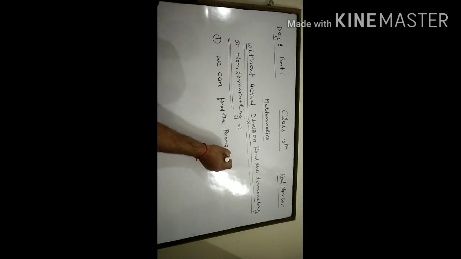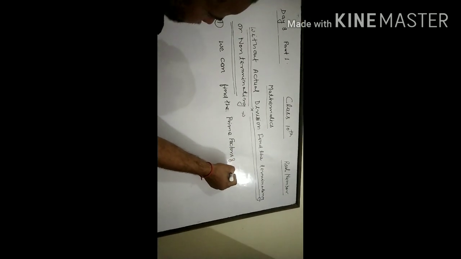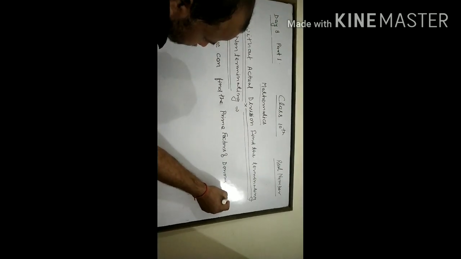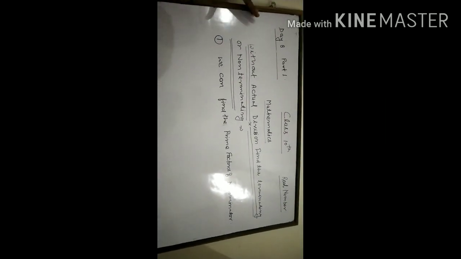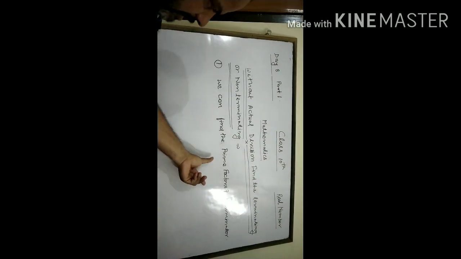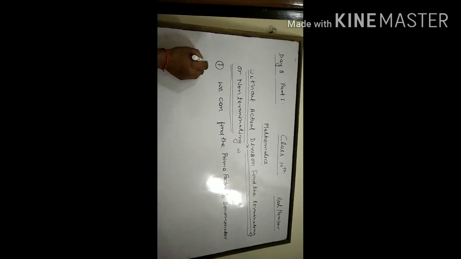Okay, what can you do? You got a question, meaning you got a rational number in the form of p upon q, or numerator upon denominator. Then in the denominator you can find their prime factors. Clear? Then after that you check the prime factors of the denominator.